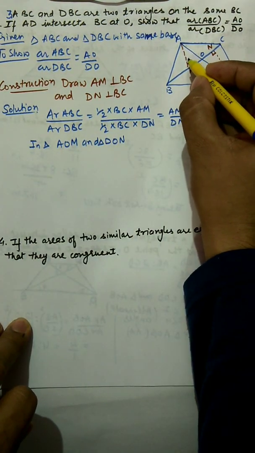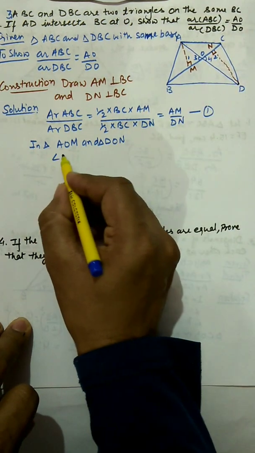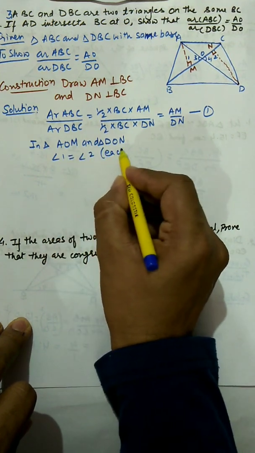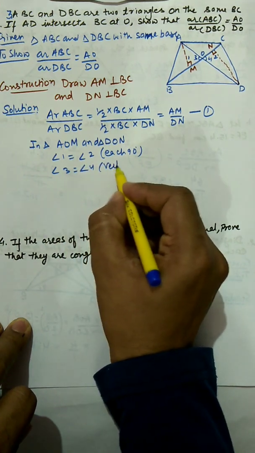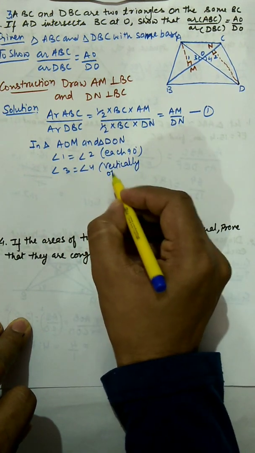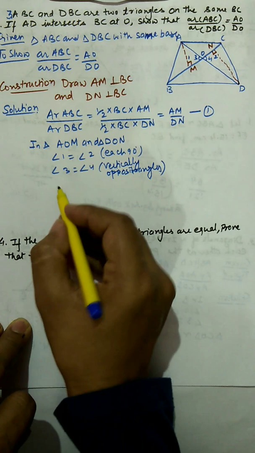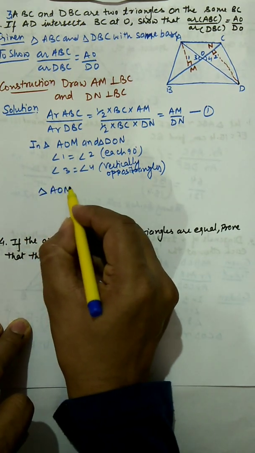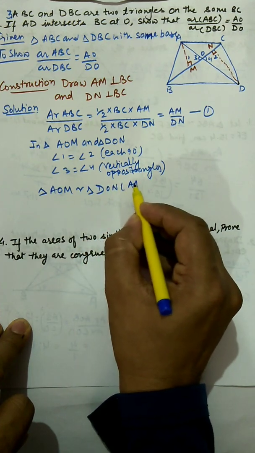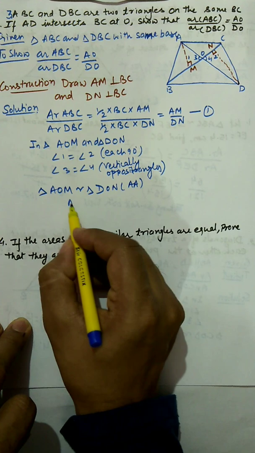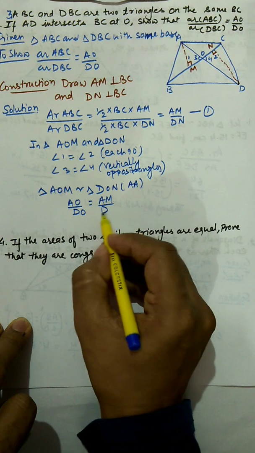So we can mark this as angle 1, this is angle 2, this is angle 3, this is angle 4. So we can write angle 1 equal to angle 2, each 90 degrees, and angle 3 equal to angle 4, vertically opposite angles. Next you can show that triangle AOM is similar to triangle DON by AA, and from here you can get the result that AO upon DO is equal to AM upon DN.